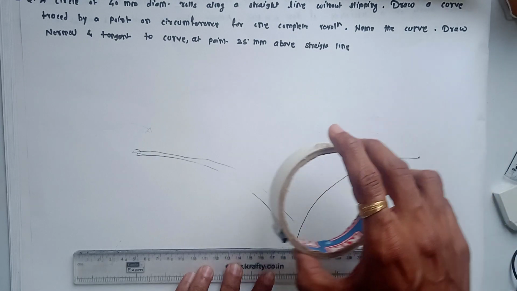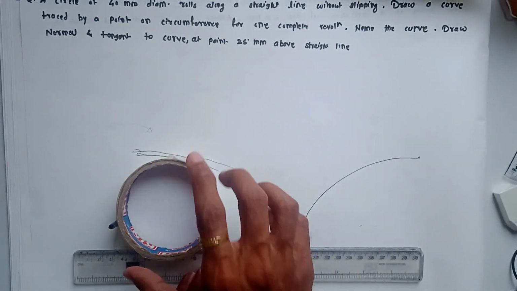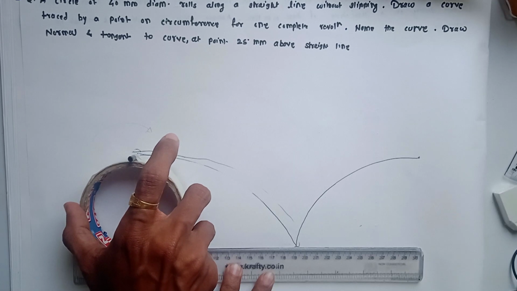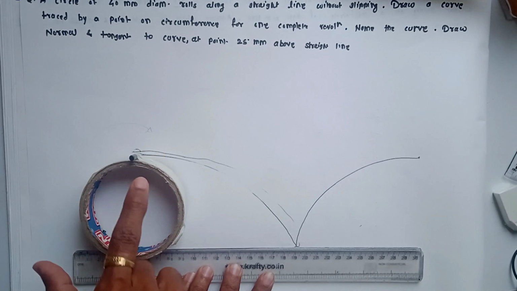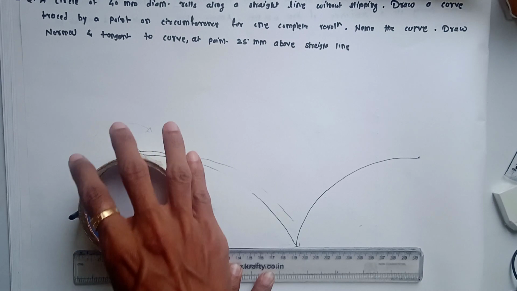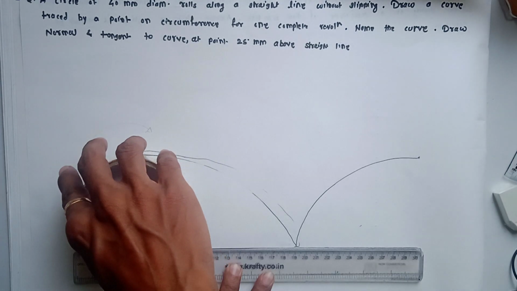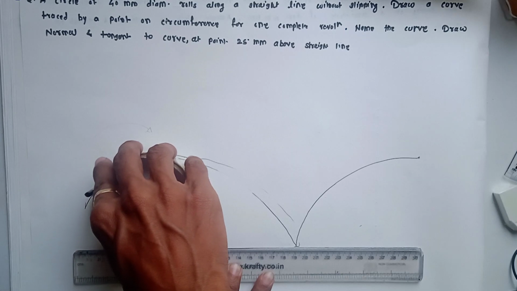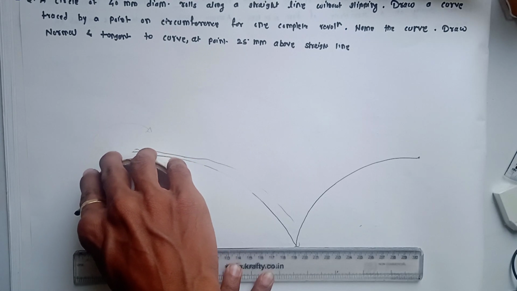Now, if I change the position of a starting point, so right now we have taken this point as a starting point. Okay. So, if I change the position, now if I take this point as a starting point, then you can see the change in the curve.